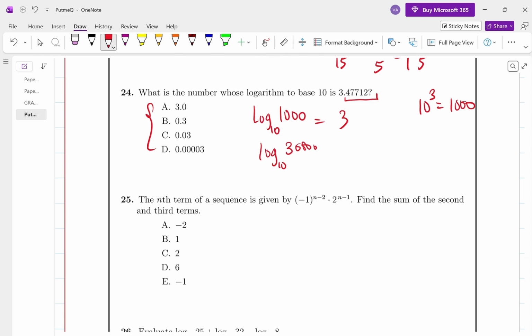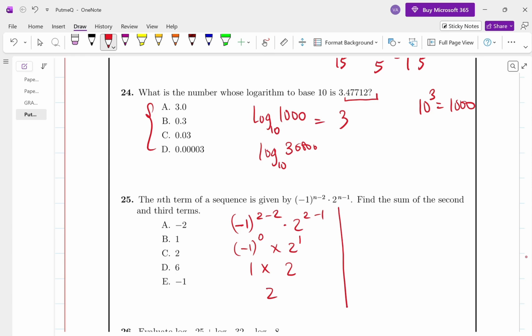So the second term, I'm going to put 2 here. So this is -1 bracket 2 minus 2 times 2 bracket 2 minus 1. That's -1 to the power of 0 times 2 to the power of 1. So -1 to the power of 0 is 1. 2 to the power of 1 is 2. So 1 times 2 is 2.